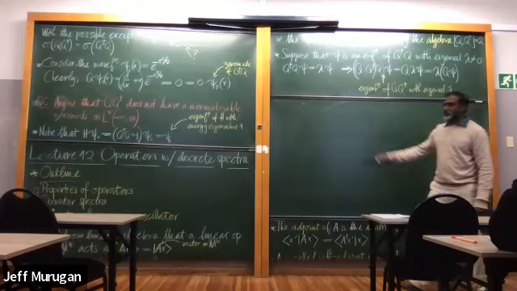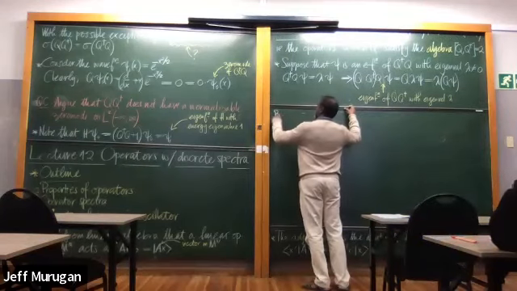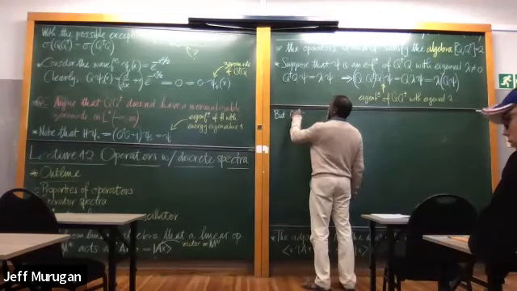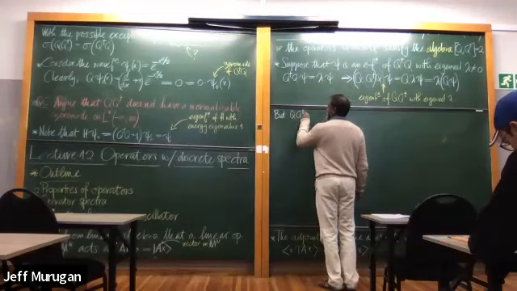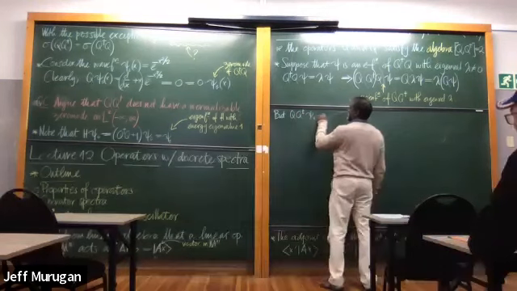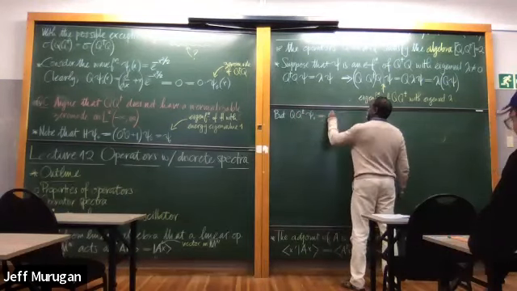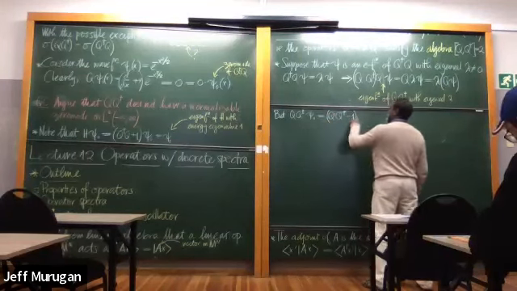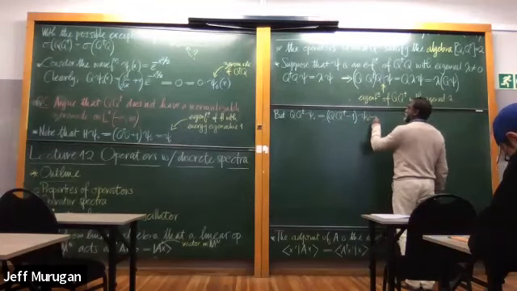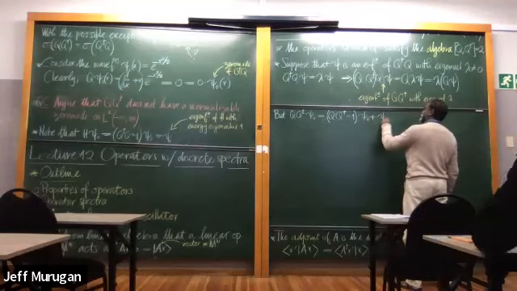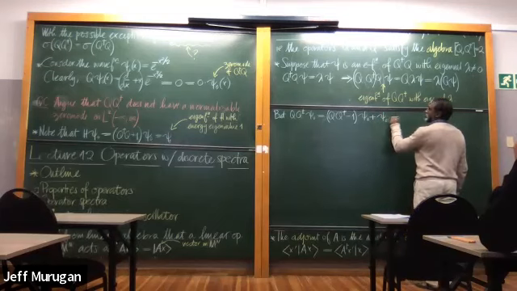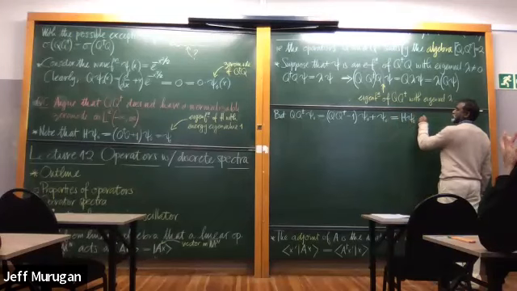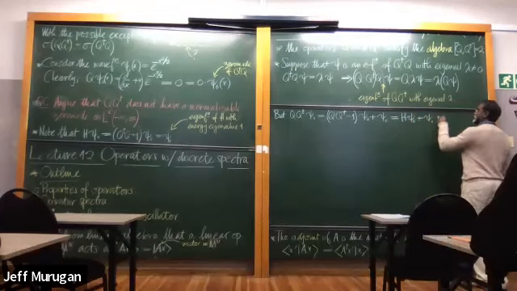Everybody with me? So Q dagger acting on psi naught is Q dagger minus 1 acting on psi naught plus psi naught, which is H psi naught plus psi naught, which is 2 psi naught.